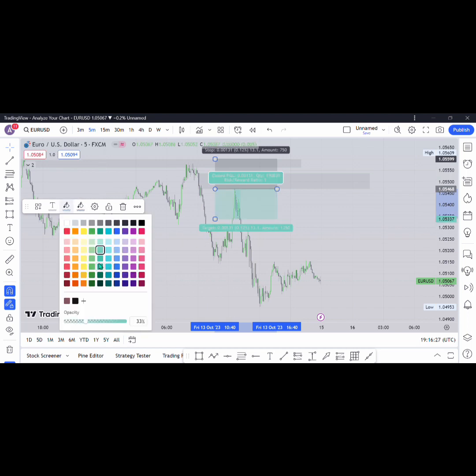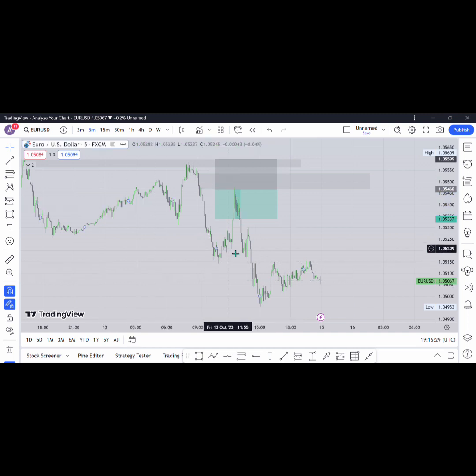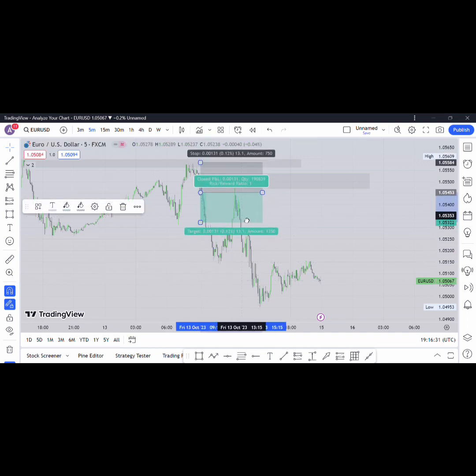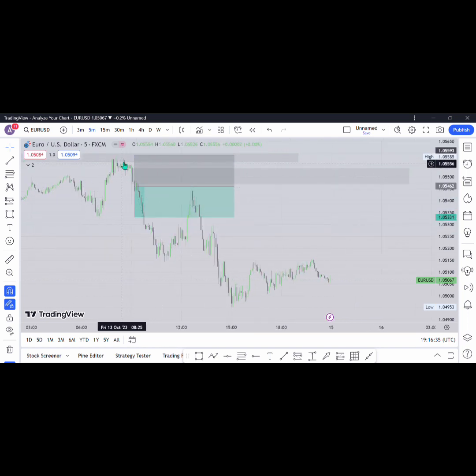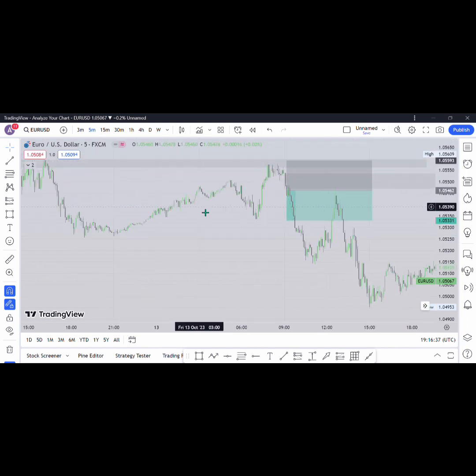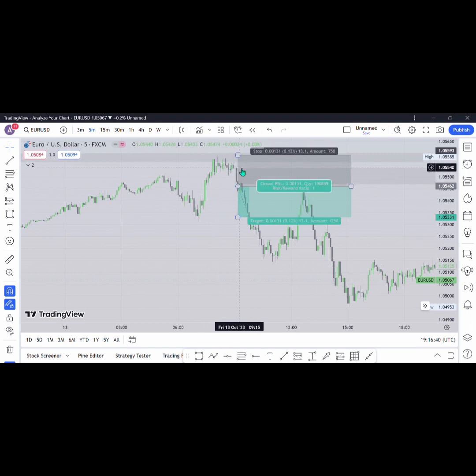This guy, well, not bad. So we first took a trade from here. After price touched the support from here, we didn't get in that quick. We wanted to see a candlestick information on the 15 minutes time frame, and then we dropped down to the 5 minutes to get a lower stop loss.